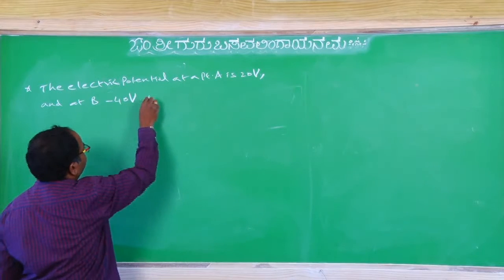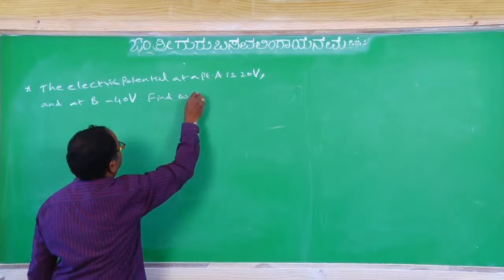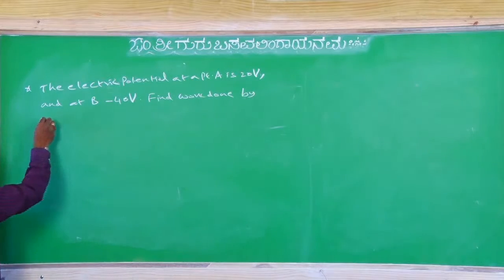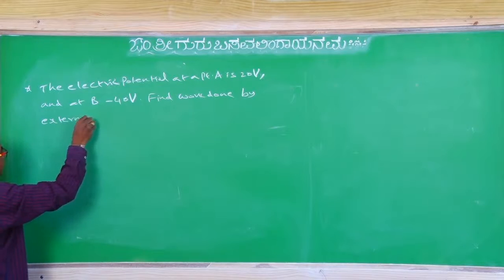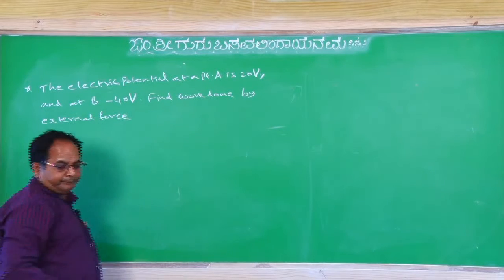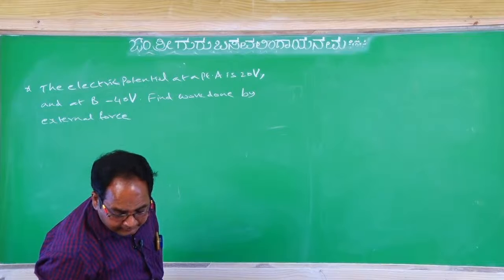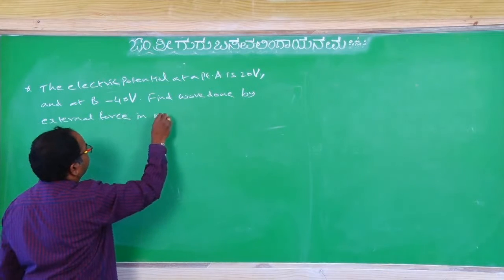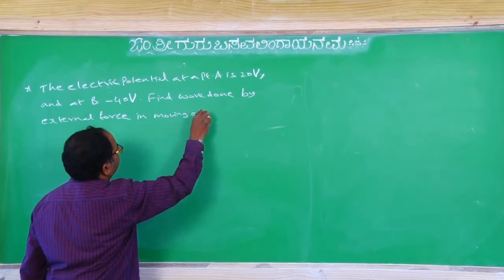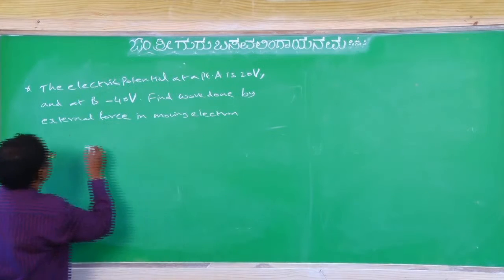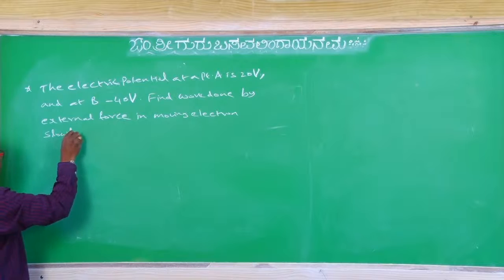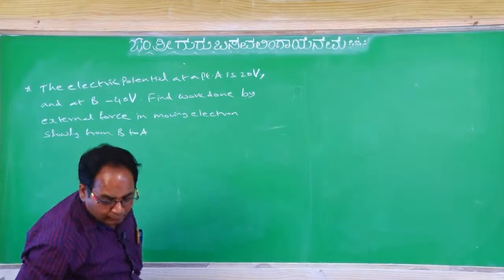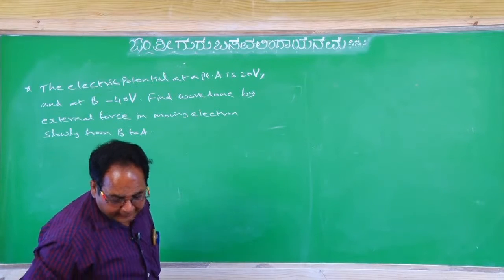Find the work done by external force in moving electron slowly from B to A.